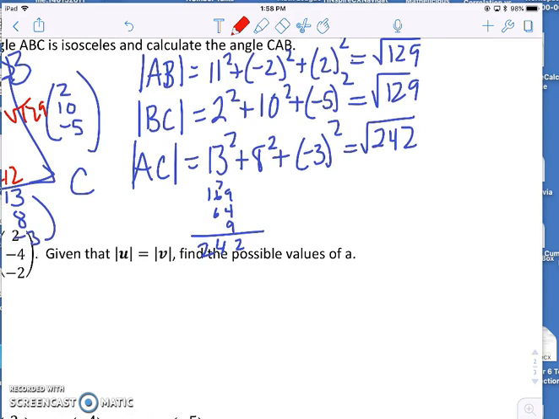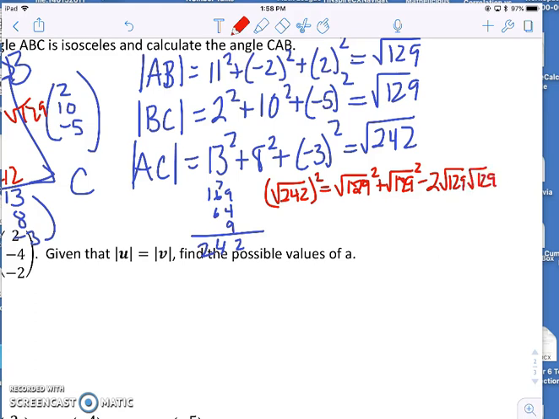So the square root of 242 squared equals the square root of 129 squared plus the square root of 129 squared minus 2 times square root of 129 times square root of 129 times cosine of theta.